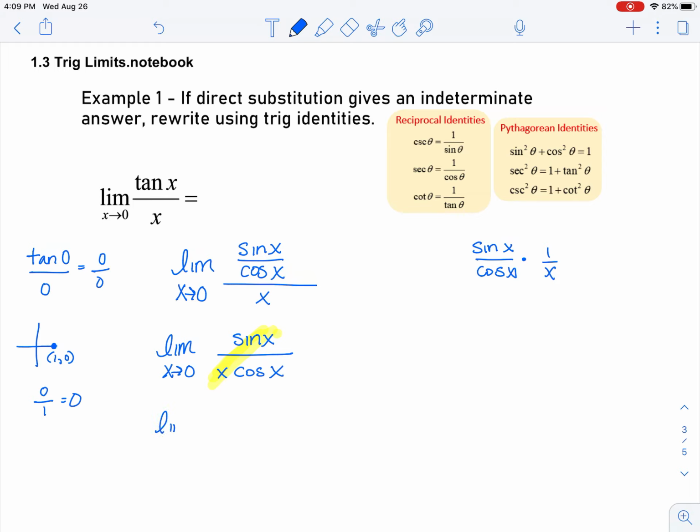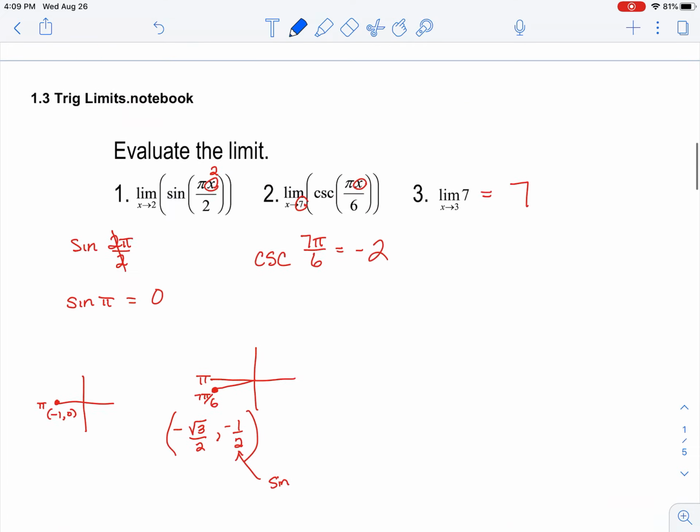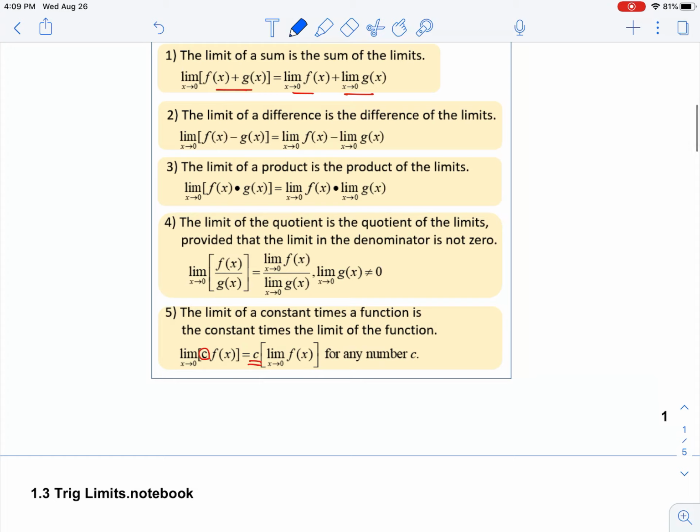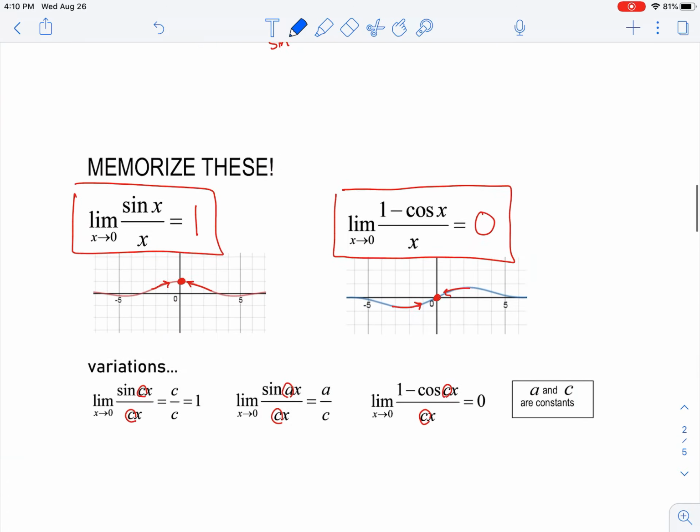So we could rewrite it as the limit as x approaches 0 of sine x over x times 1 over cosine x. And then our properties of limits say that the limit of a product is the product of the limits.